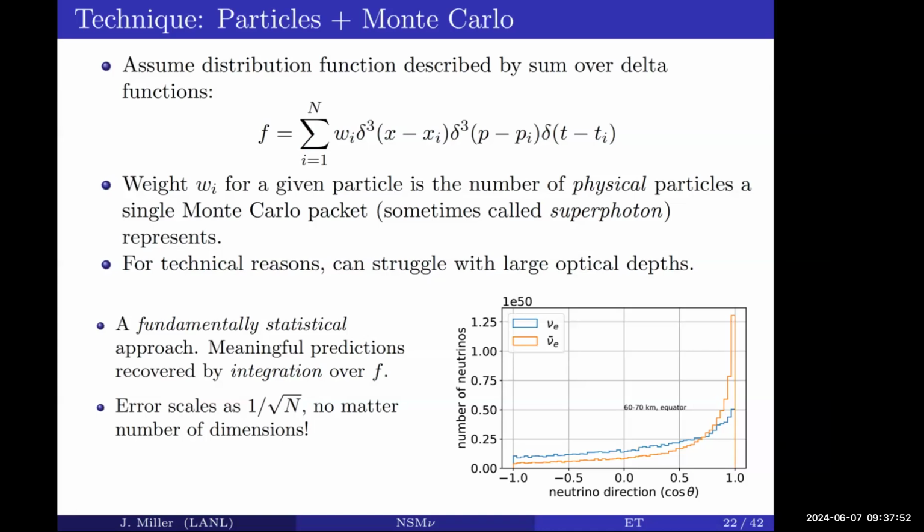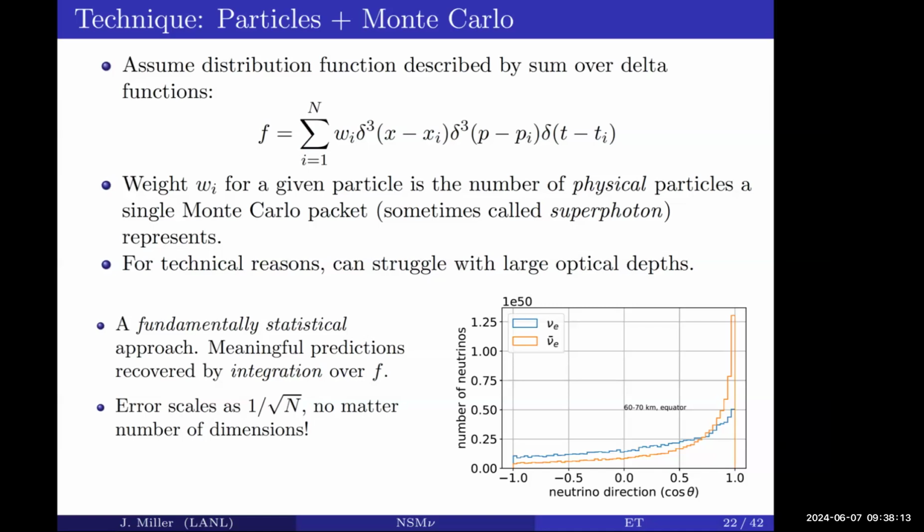And this is a fundamentally statistical approach. This is only meaningful, as the physics is in some sense, in the integration over your distribution function. This is not normalized, but you should really think of F as a PDF. And so you can't say how many particles do I have at some position in momentum.